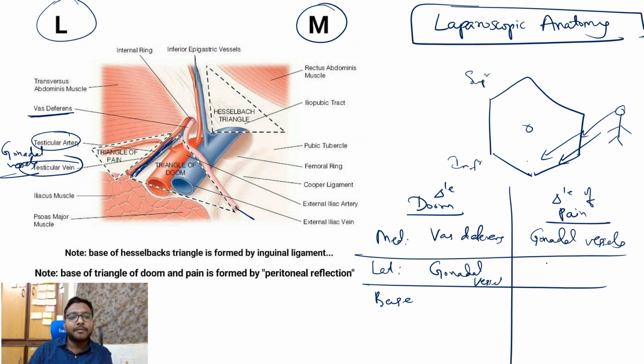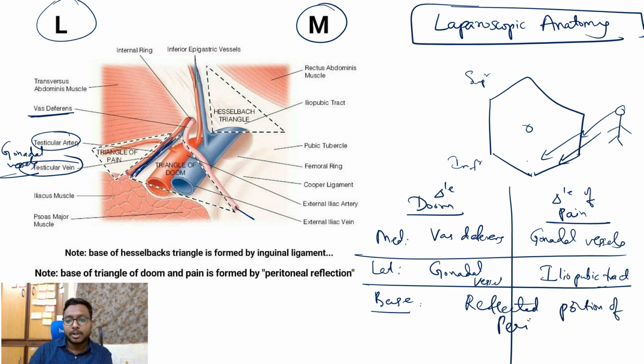And the lateral border of your triangle of pain is formed by iliopubic tract, nothing but a modified grooved part of the inguinal ligament. The base of both triangle of doom and triangle of pain is formed by reflected portion of peritoneum. That is a common boundary for both the triangles.